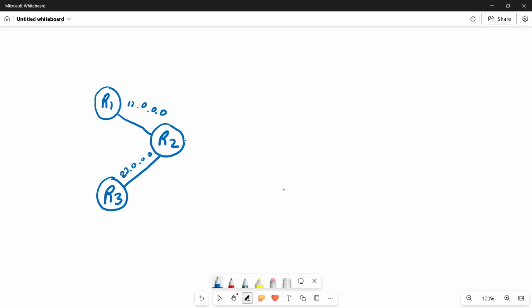Then we have R2 connected to R4 with network 24.0.0.0.